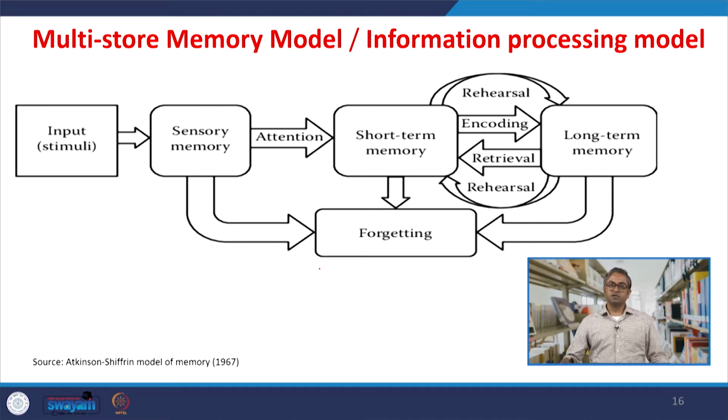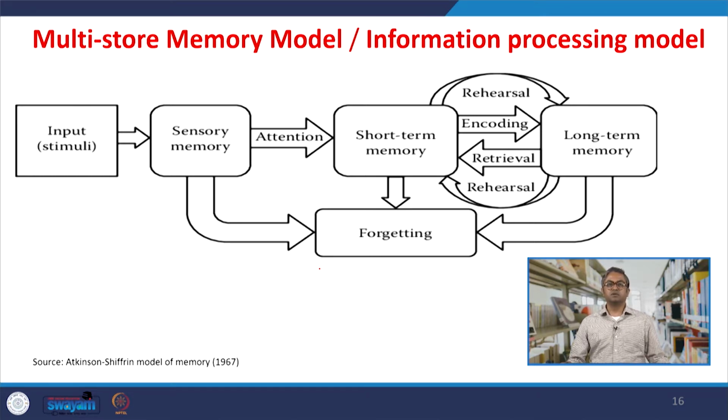This is a similar model to the one we saw earlier. However, this model explains the stages of memory. There are 3 stages of memory which help us to register information for future reference.